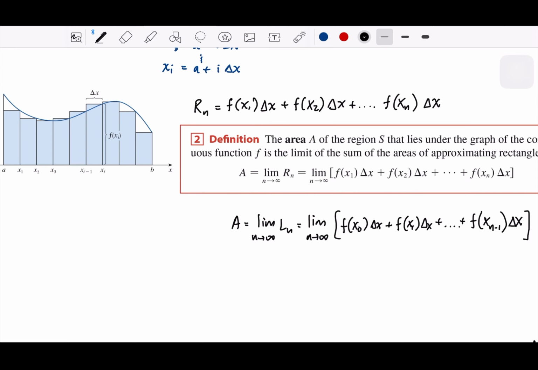So we have two approaches here, right endpoint and left endpoint.